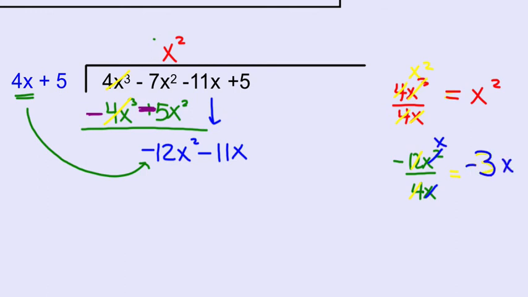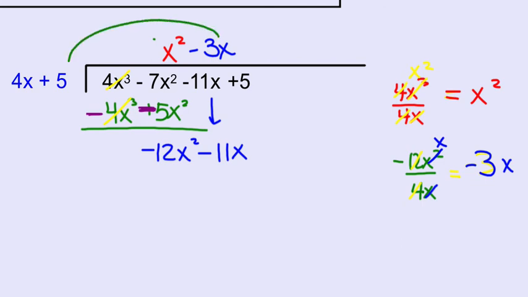So what's going to go up on top then is negative 3x. All right, so now we're going to start multiplying. Negative 3x times 5 is negative 15x. Negative 3x times 4x is negative 12x squared.